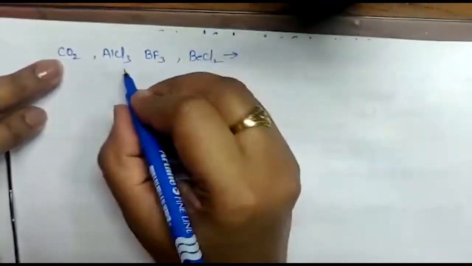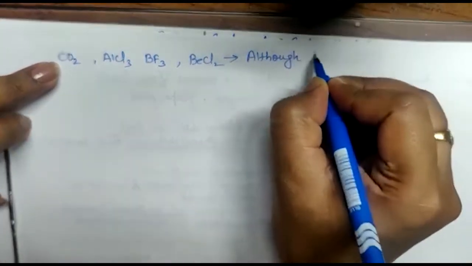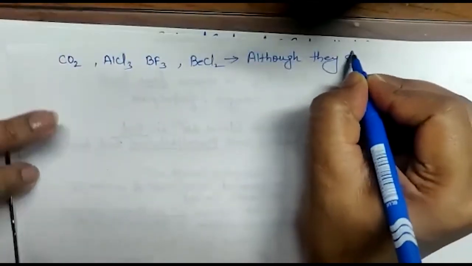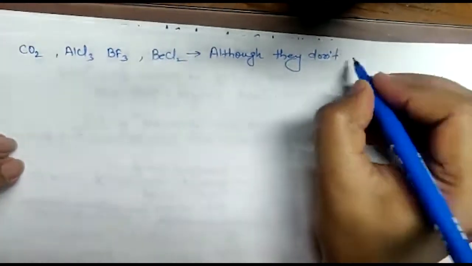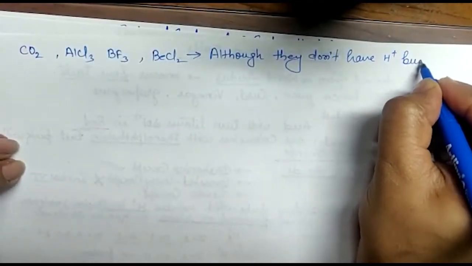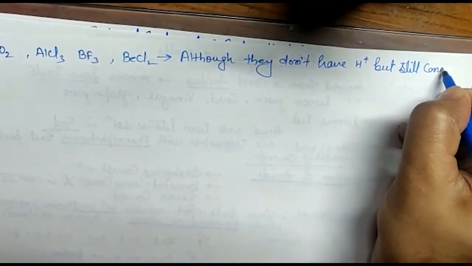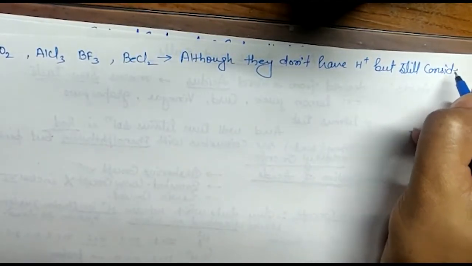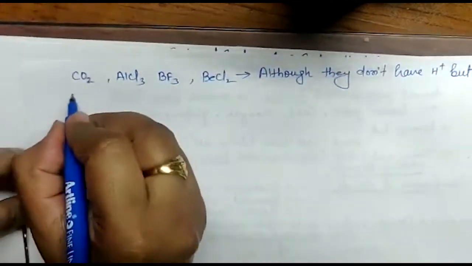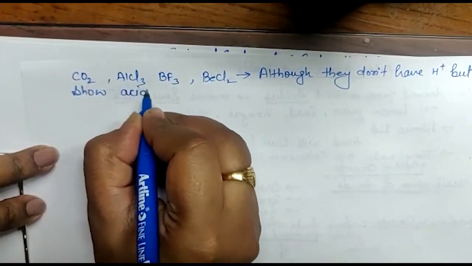Got it? Although they don't have H plus, they are still considered acids and show acidic property. So how come?